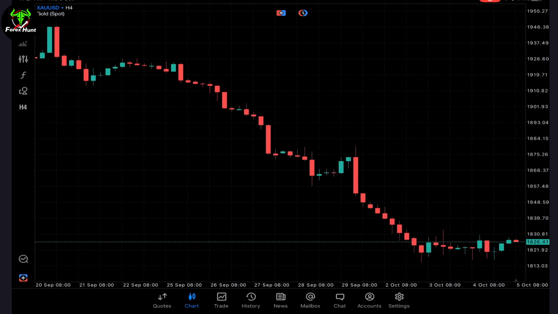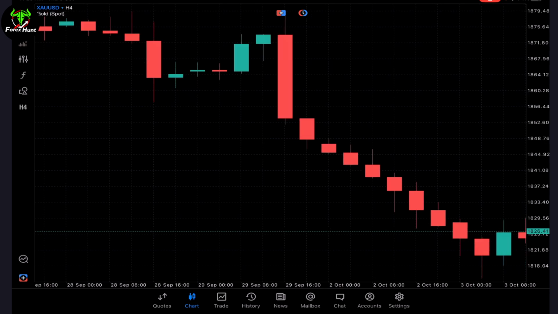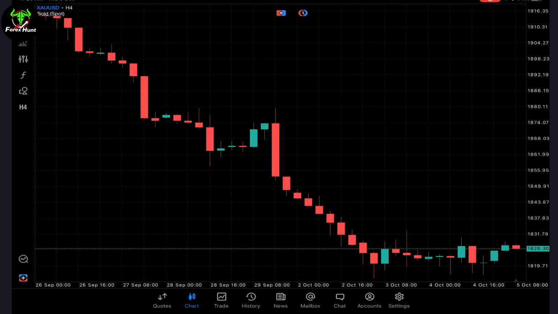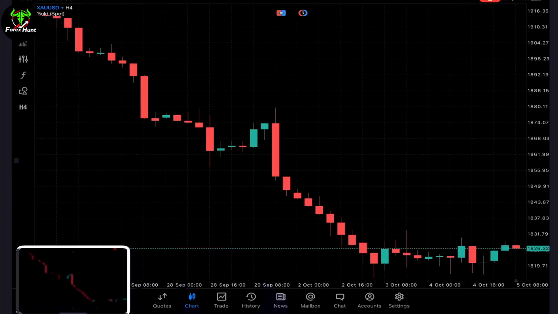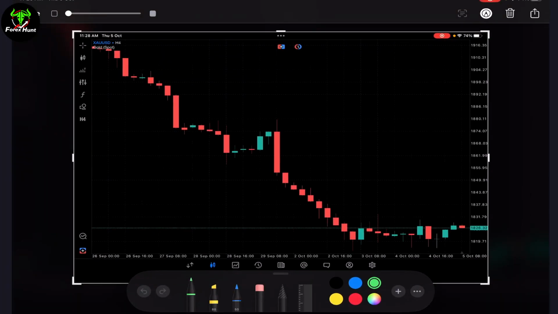So firstly, I will tell you what is an order block. An order block is an area, guys. For example, this is an area where sellers in the market are active.